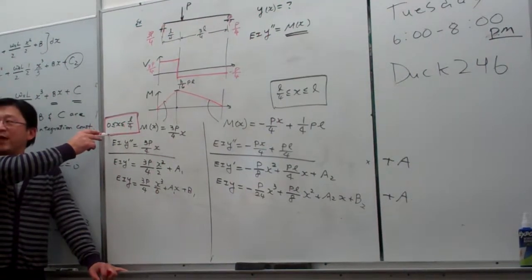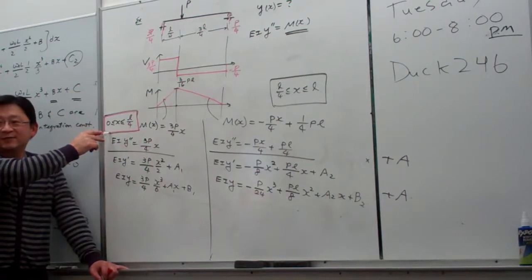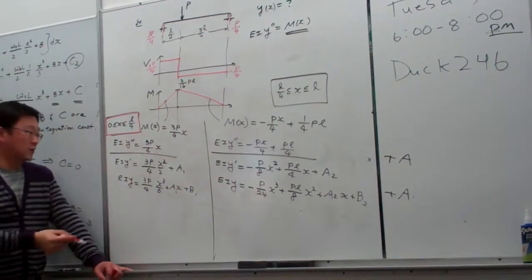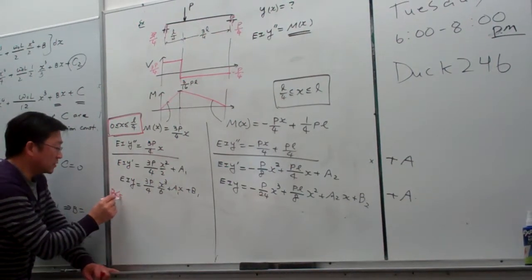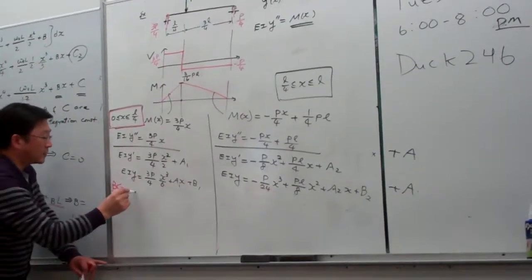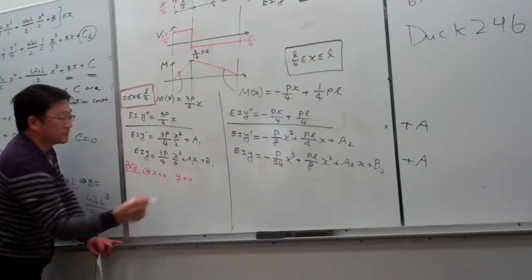If you try to look for a boundary condition outside this range, it's not valid, because this equation is only valid in this range. So here the first boundary condition is at x equal to 0, we know y equal to 0.